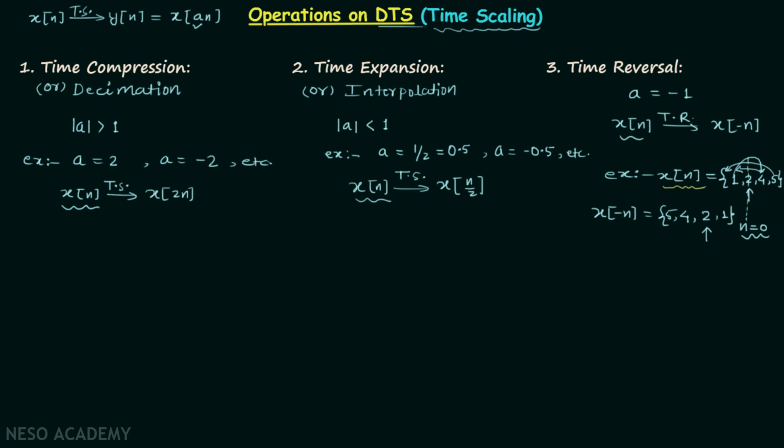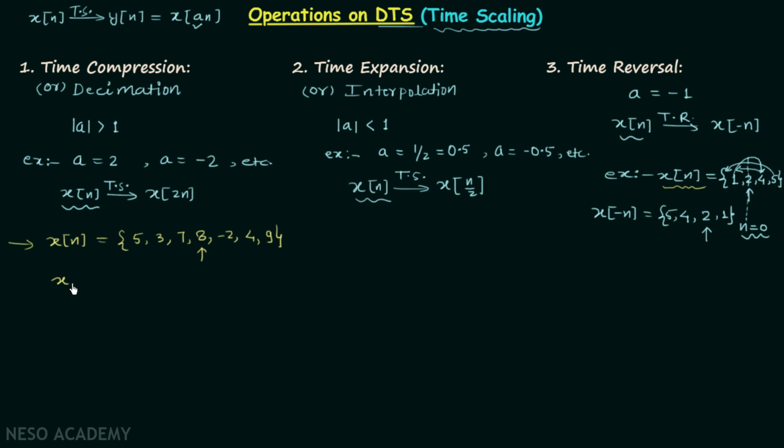Now we will understand the time compression operation with the help of one example. In this example, the discrete time signal x[n] is equal to 5, 3, 7, 8, -2, 4 and 9, and 8 is the value of x[n] when n is equal to 0.